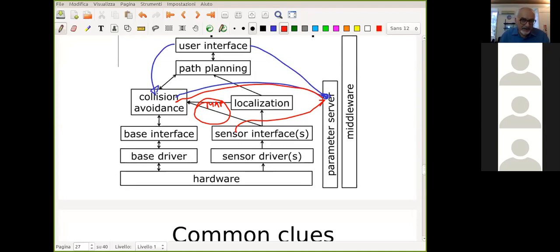This is a very trivial example, but in general, the parameter server is useful not only because we have only one place in which all parameters stay, but also because some parameters may change during the execution.